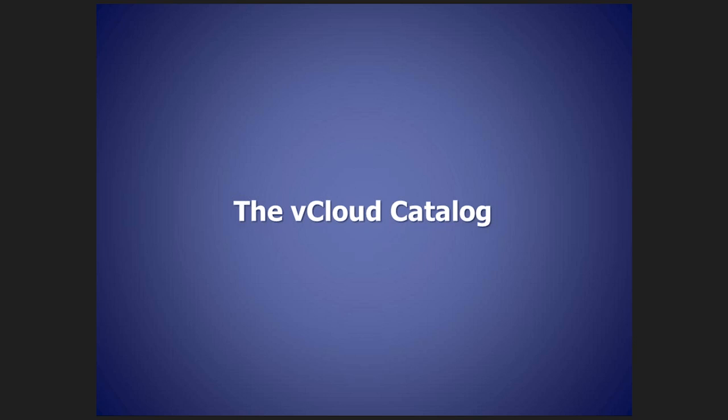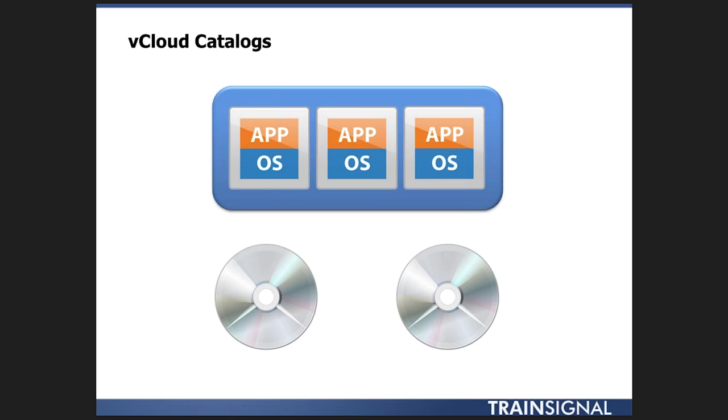The next in our top 5 features is the vCloud catalog, and I believe this is our last in the top 5 features. The vCloud catalog is very cool. If you're a hybrid cloud admin, you may think of a virtual machine template. vCloud Director takes it one step further and gives you entire vApp templates.